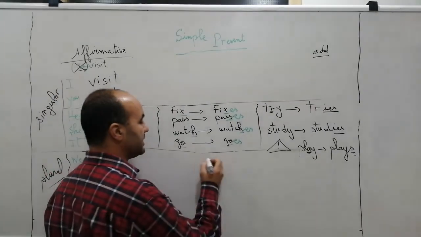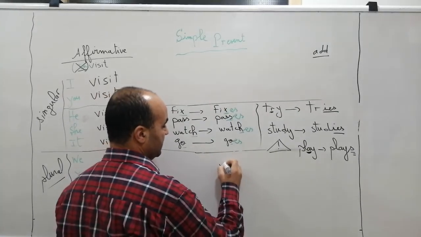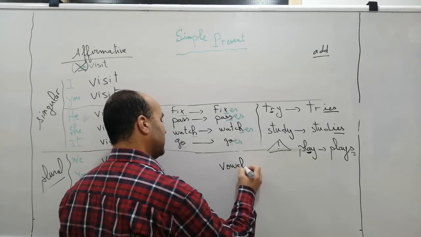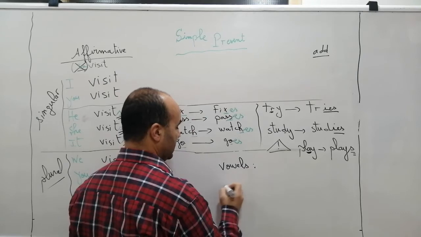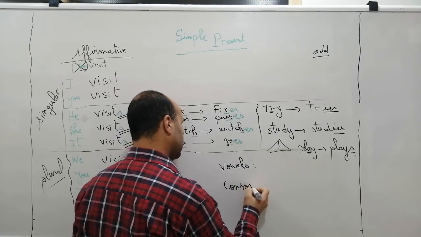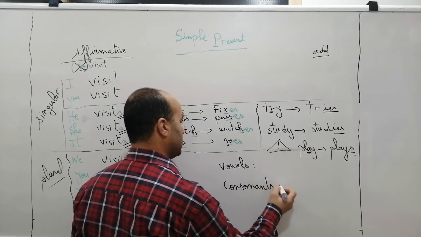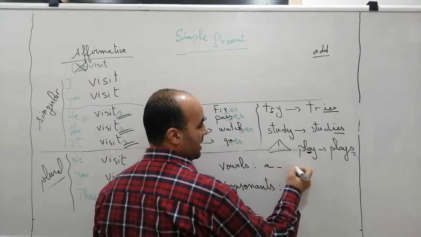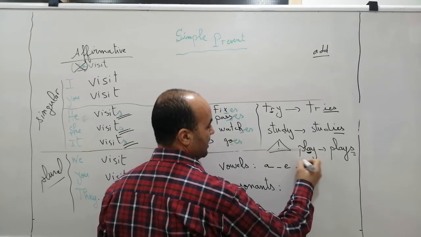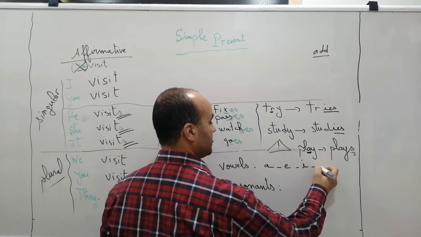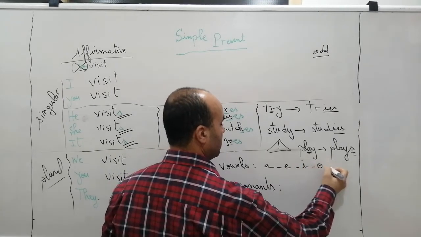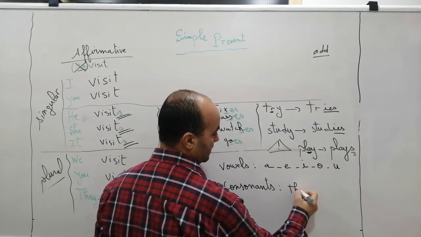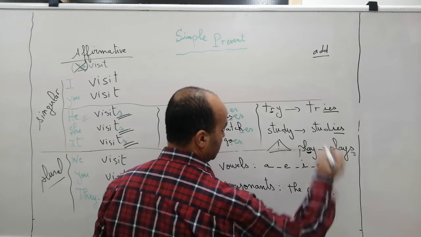There are many students, unfortunately, they do not know the difference between consonant and vowels. Let's do a revision. Vowels and consonants. Example vowels A, E, I, O, and U. The consonants, the rest.